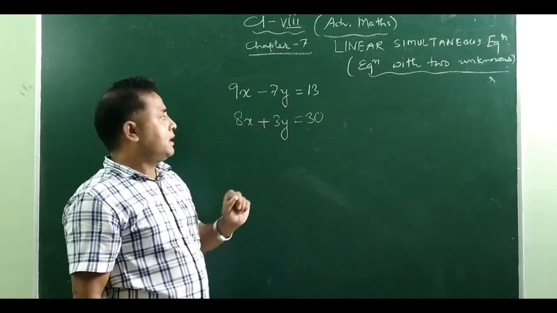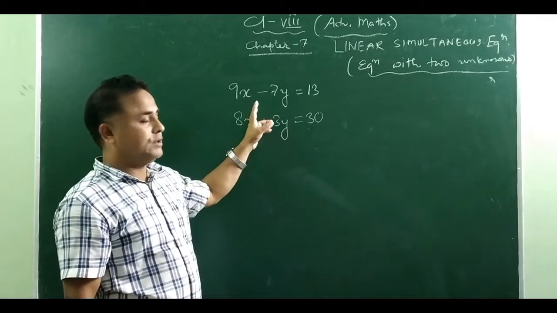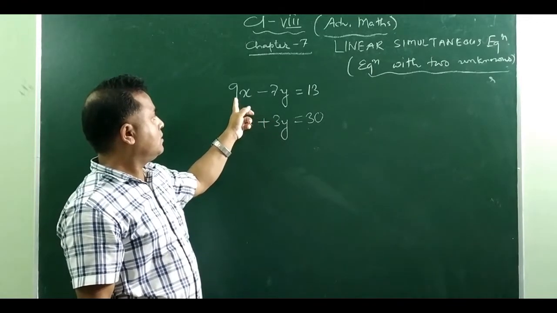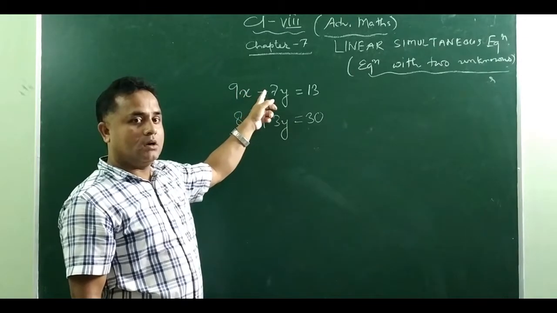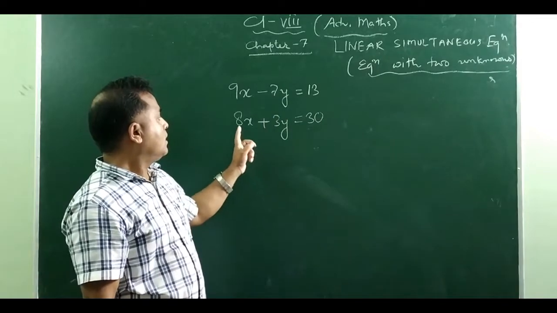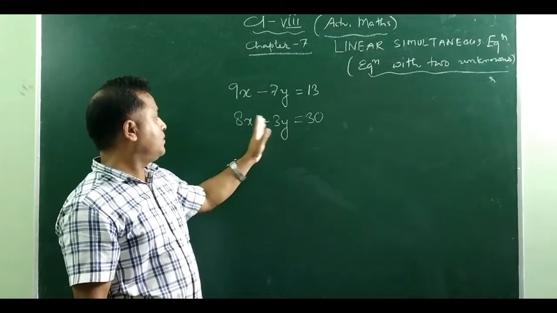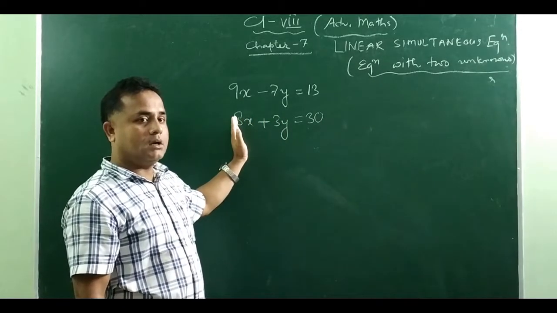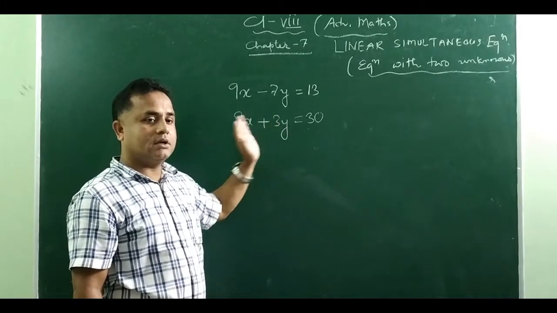Here we will see that sometimes you will find the equation in this way also. The first one is given in the order of x and y. The next one may be altered, so that y is first and x is second.